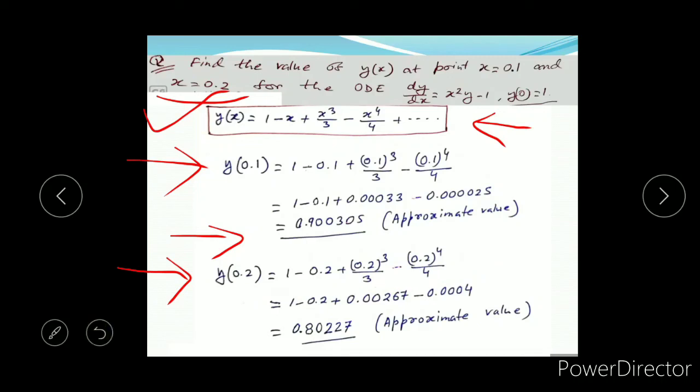And after calculating this equation we'll get 0.80227, and this will also be an approximate value. So this way we can solve an ordinary differential equation using the Taylor series method.